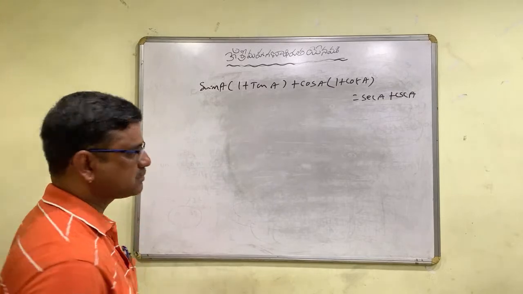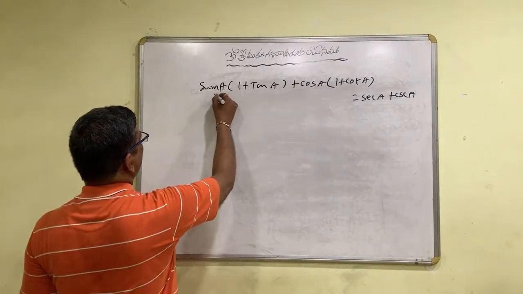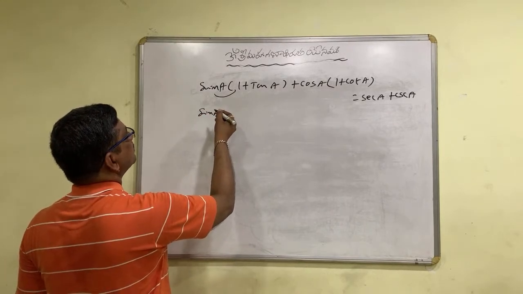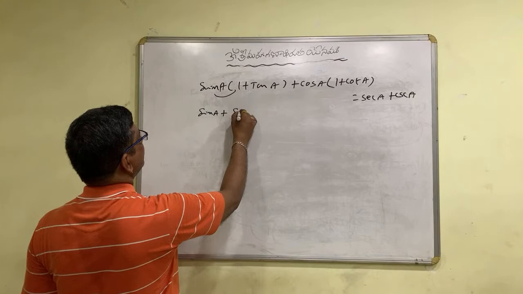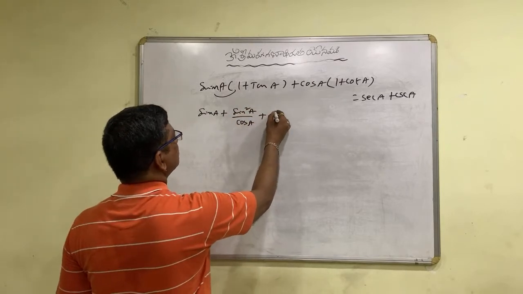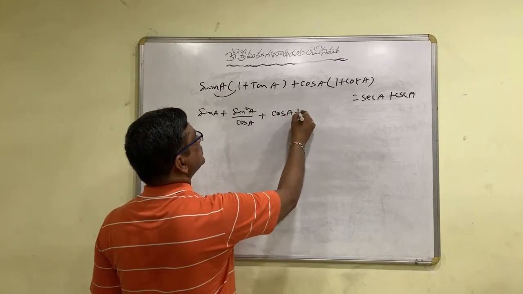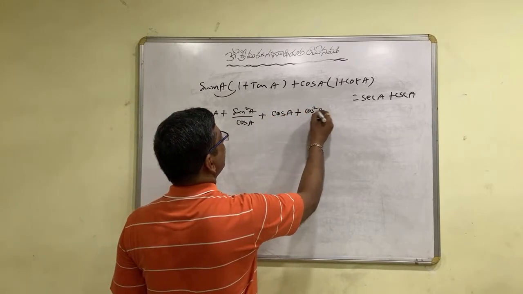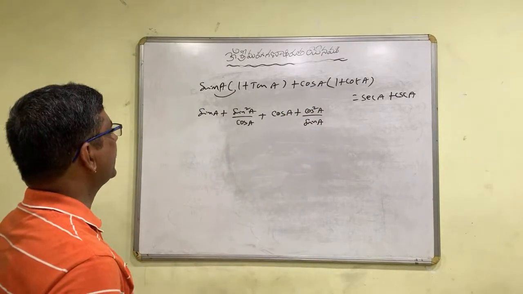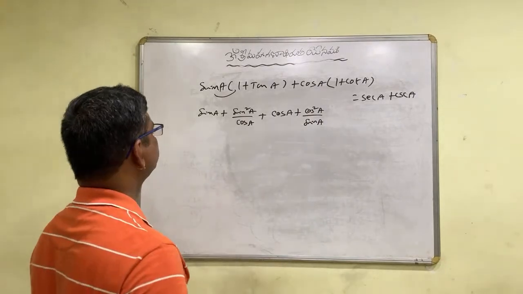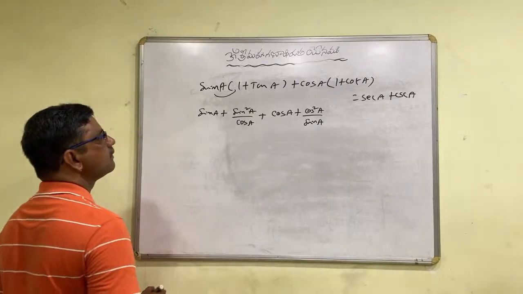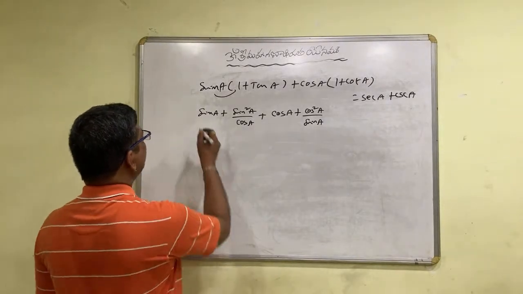Just multiply. First multiply. Sin A into 1, sin A, plus sin A into tan A, sin square A by cos A, plus cos A into 1, cos A, cos square A by sin A. Okay. Now what to do? We need to take LCM.